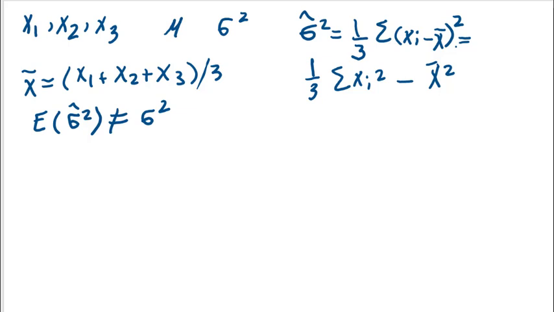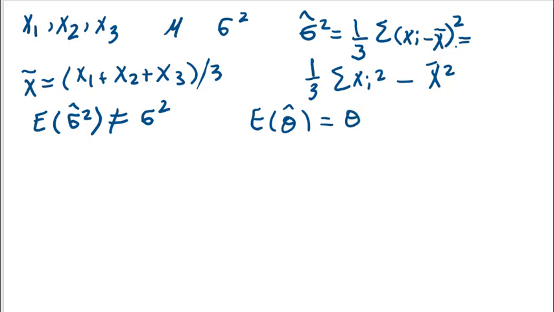You remember that in order for an estimator to be unbiased, expectation of that estimator should be equal to the parameter.